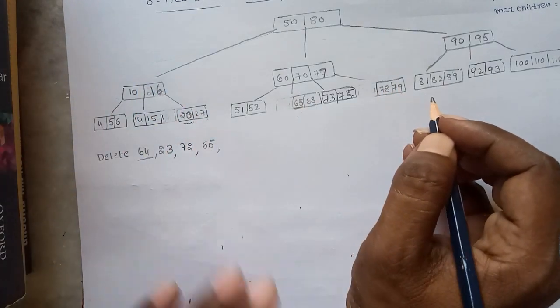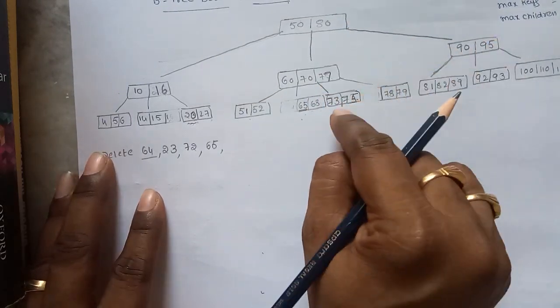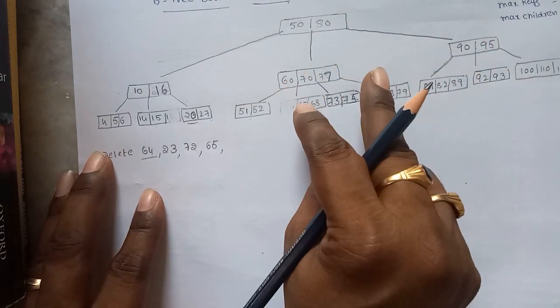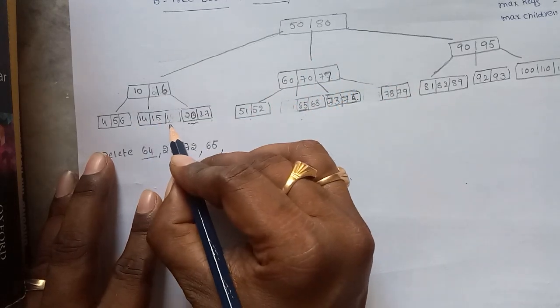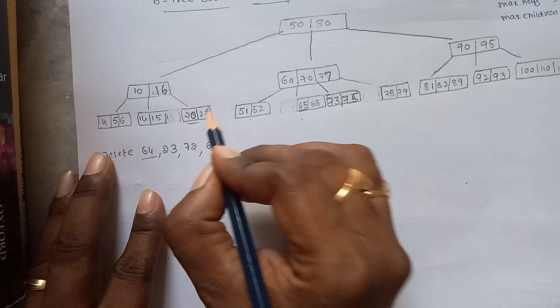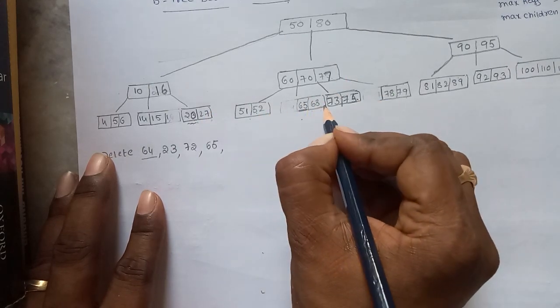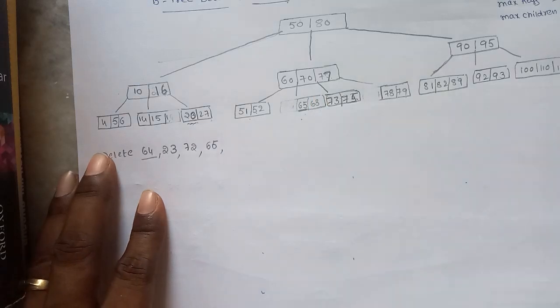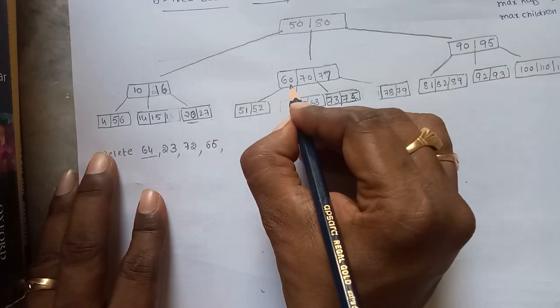Remember, 2 cases are completed. The first case is simply removing the element. The second case is the rotation operation, that is borrowing from the sibling. The next case is, if there is no chance for borrowing from the siblings, perform the merge operation. In the merge operation, the parent is also involved.